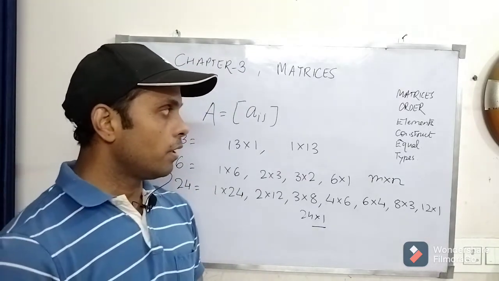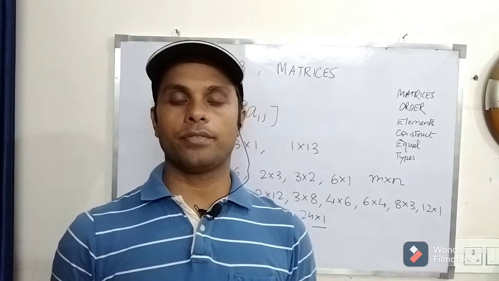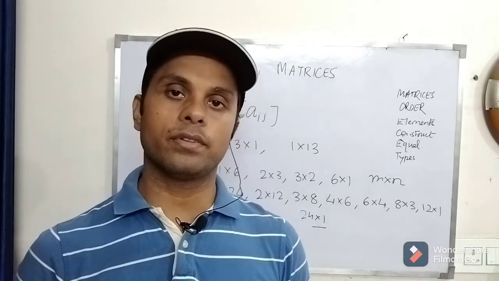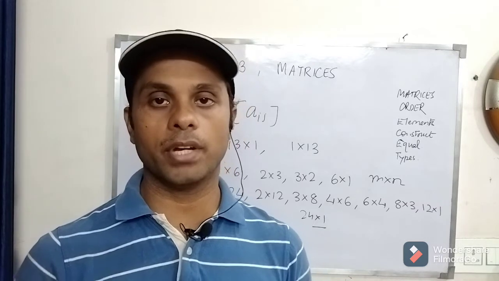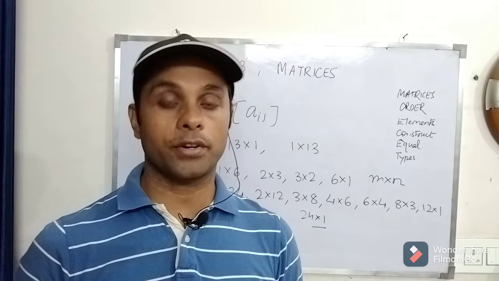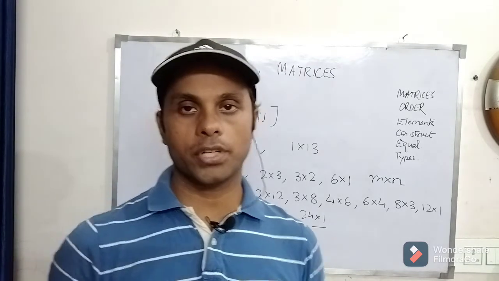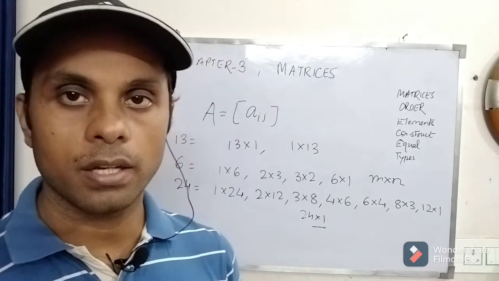Now let us see, if the definition of the element of a matrix is given, then how can we form a matrix? How can we construct a matrix using the definition of an element? Okay, let us see.